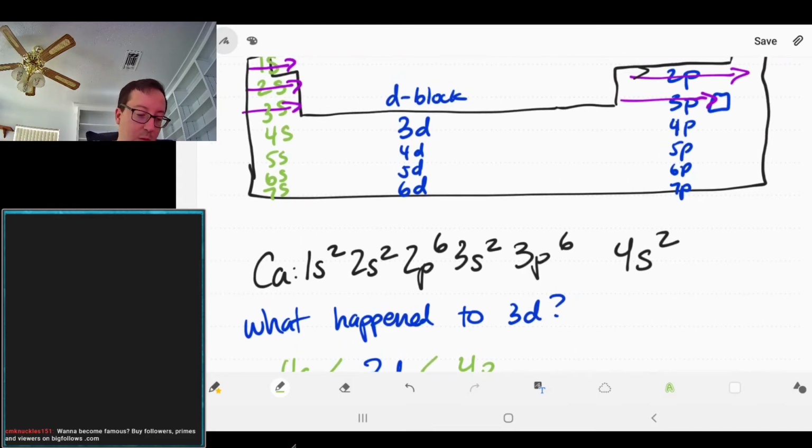So that's why these numbers here are actually one less than their row is on the periodic table. So the 3d subshell is actually in the fourth period. This is in between because that's the energy. We don't start filling the D block until after 4s. That's the way the energy works out.